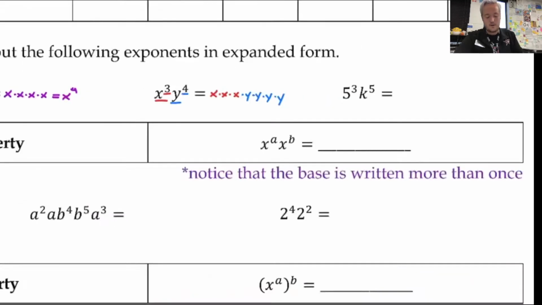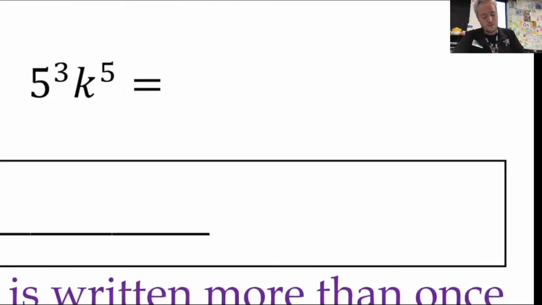All right, and last but not least, 5 cubed, so 5 times itself 3 times. So 5 times 5. And then we have k to the fifth, which means k 5 times.